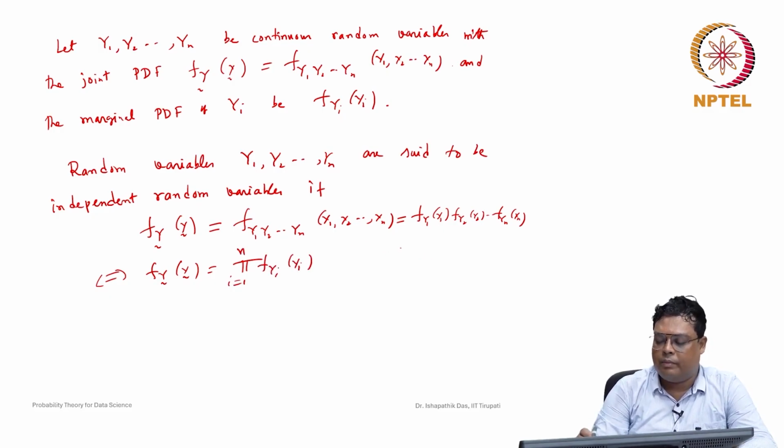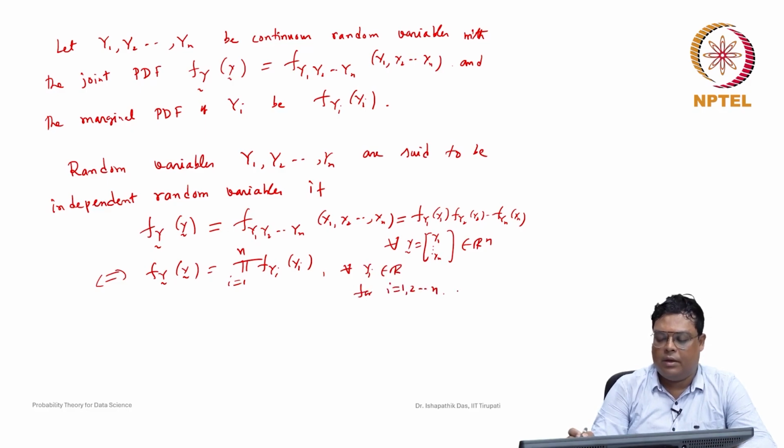Here we have to be careful that this has to be true for all values, so we can either say that y tilde belongs to R^n, or we can say for all yi belongs to R for i equal to 1 to n. If this condition is satisfied, then we say that Y1, Y2, ..., Yn are independent continuous random variables.